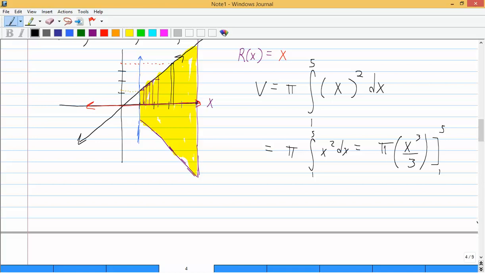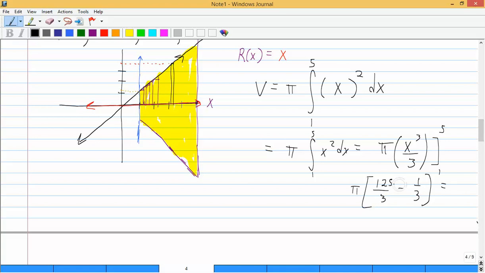And the reason there's a pi in front is because of the formula that we have to use to find the area, the volume, right? The area, but then in turn the volume of each disk. So this is going to be pi times, plug in the 5, you have 125 over 3, minus plug in the 1, you have 1/3. So that's pretty easy there.